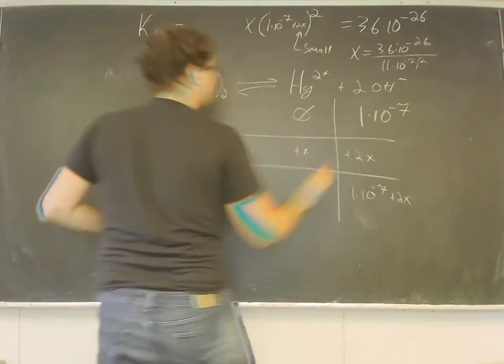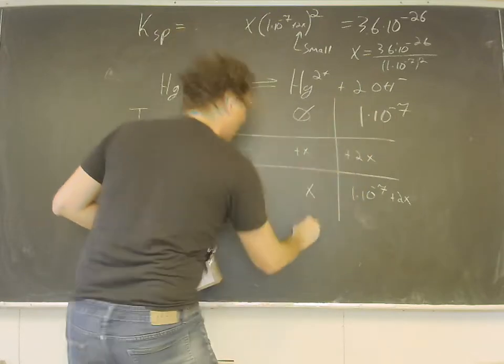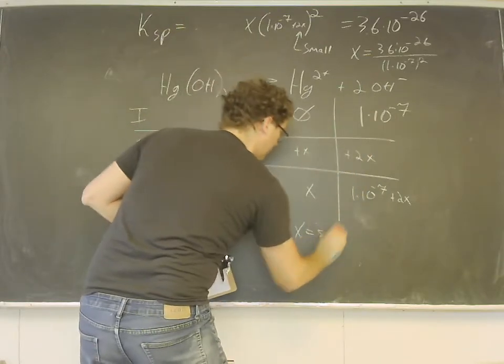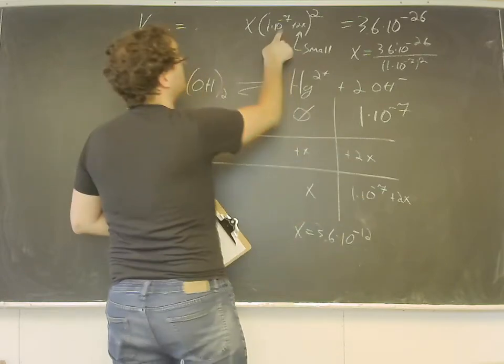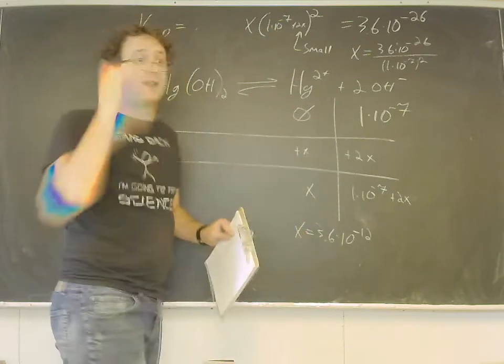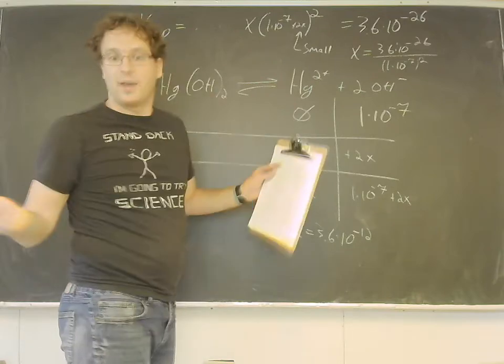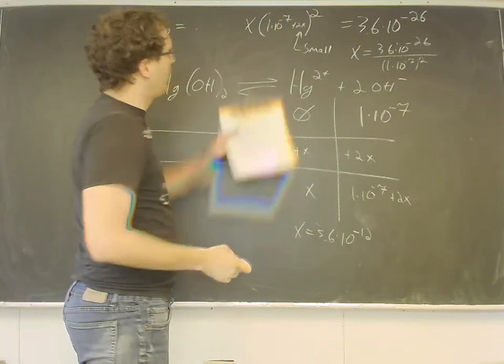So x is equal to 3.6 times 10 to the negative 12th. Now that definitely is small compared to 10 to the negative 7th. That's a factor of 100,000. And so our assumptions are good.